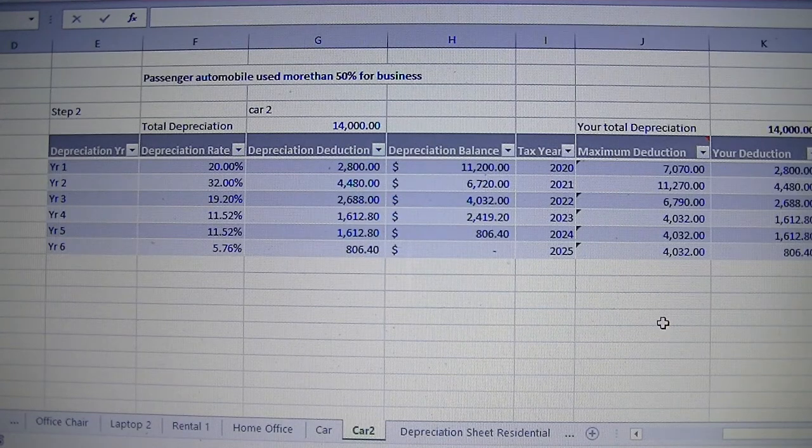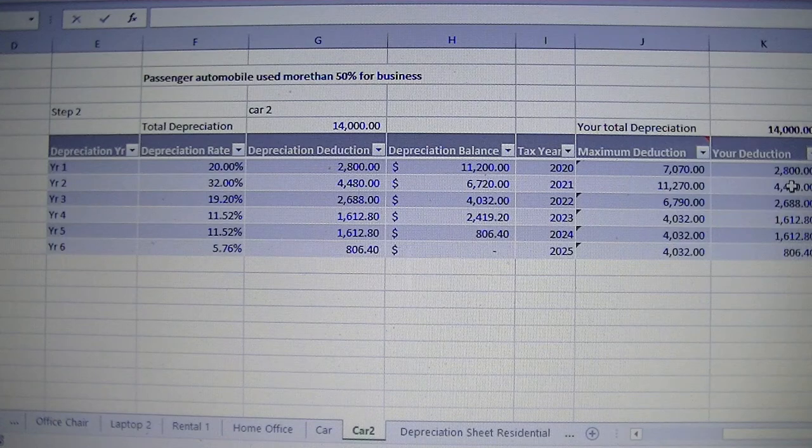In this example, when you use the car 70% for business and investment, assuming you keep using it 70%, 60% for business and 10% for investment, and by year 6 you are not done claiming the car because the car is expensive and your depreciation deduction is higher than the maximum depreciation deduction, you are claiming the maximum depreciation because it's the lesser of the two.